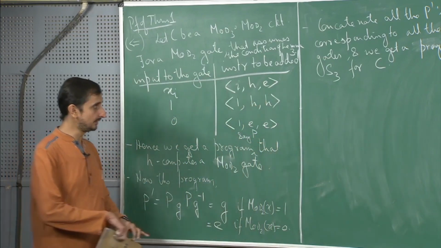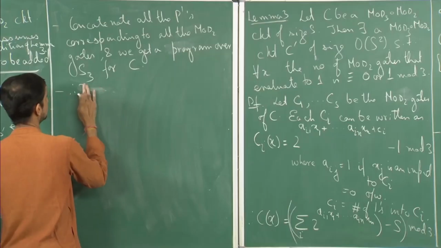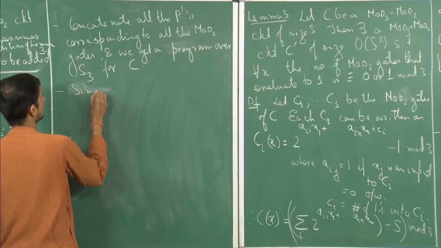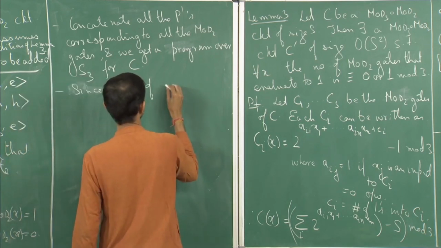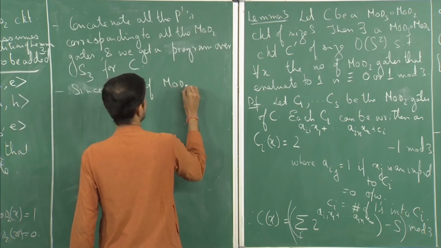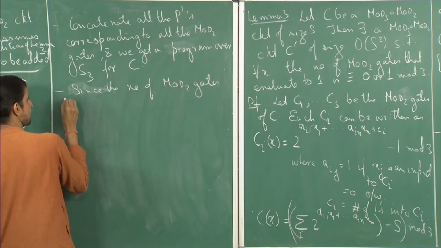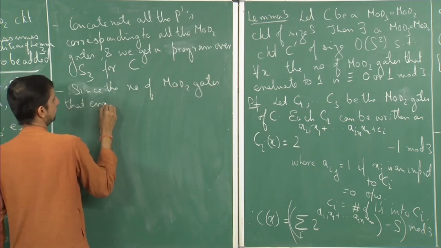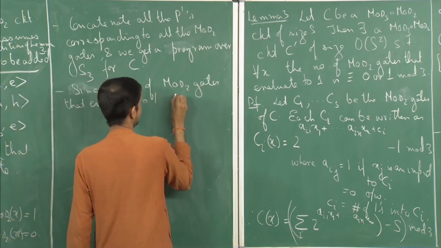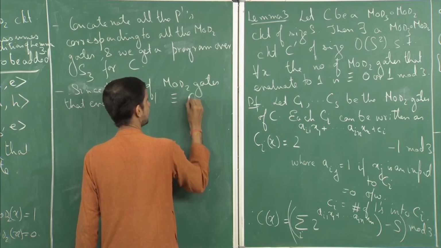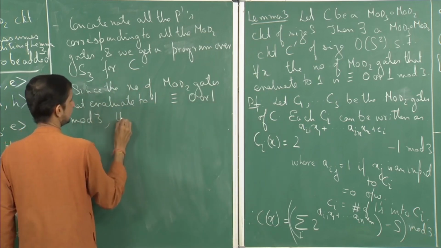So therefore, the output will be correct, since the number of mod 2 gates that evaluate to 1 is congruent to 0 or 1 mod 3.